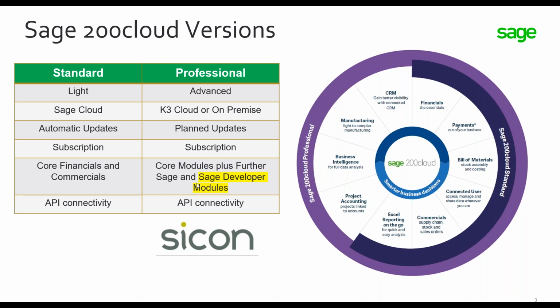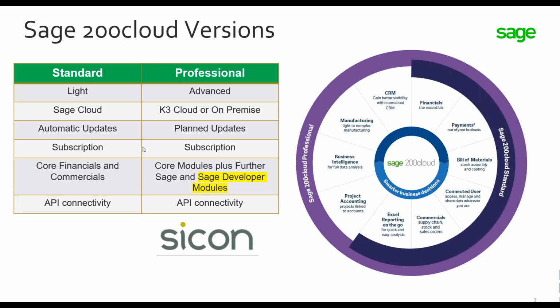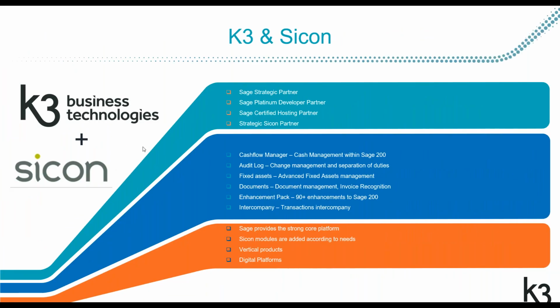And one of the advantages of being on the Sage 200 professional is the ability to put in further modules and extensions, and that provides a very big advantage. So we're going to be looking at cash flow manager, audit log, fixed assets, documents, the enhancement pack, and the intercompany module. So there's an awful lot to get through.